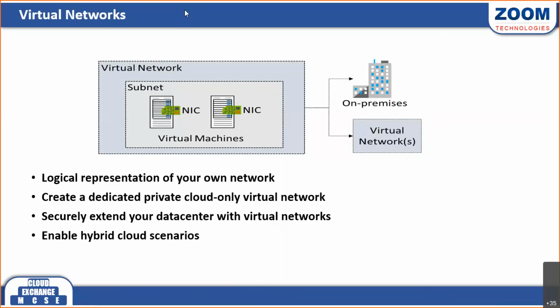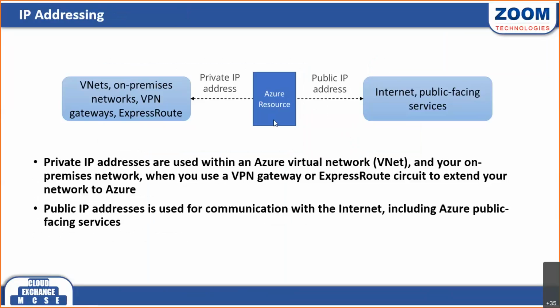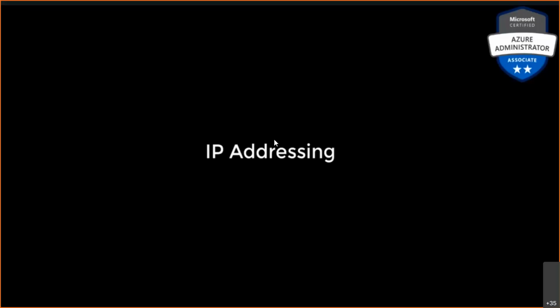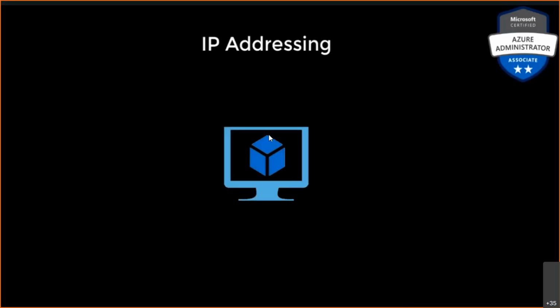Okay, now guys, every Azure virtual machine, for example, this is my Azure virtual machine. We require two addresses, private and public. So the private address is used for what? To connect to the virtual network. If you want to connect this virtual machine to the internet, then we require a public IP, guys. So two IPs we require here, private and public. So guys, for example, this is my machine.